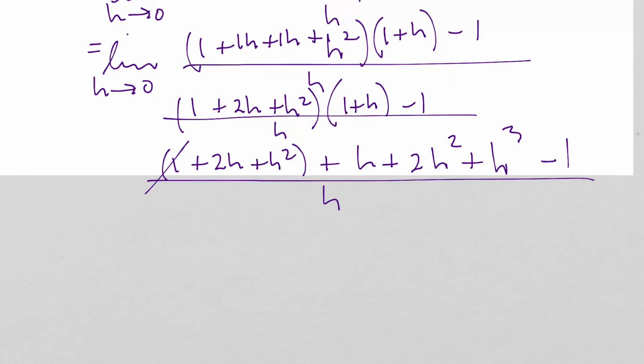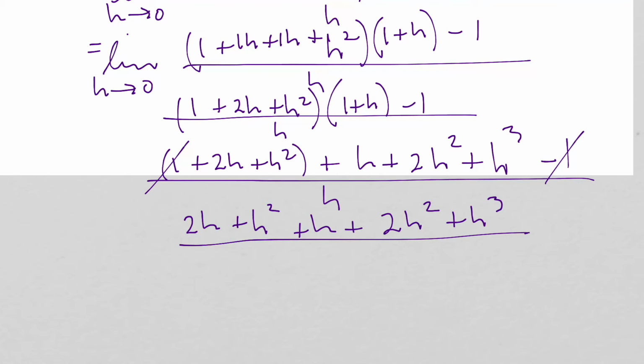So I can see that 1 minus 1 is going to cancel out. So I've got 2h plus h squared plus another h plus 2h squared plus h cubed. So there are some like terms there. So that's 3h plus 3h squared plus h cubed divided by h.